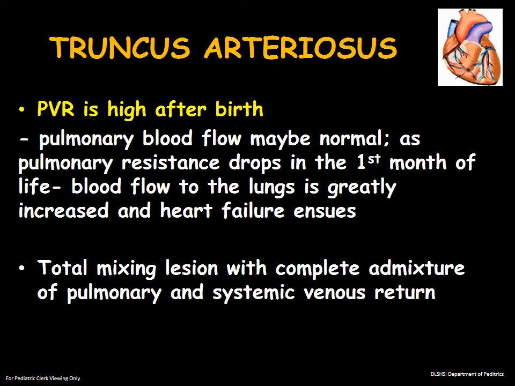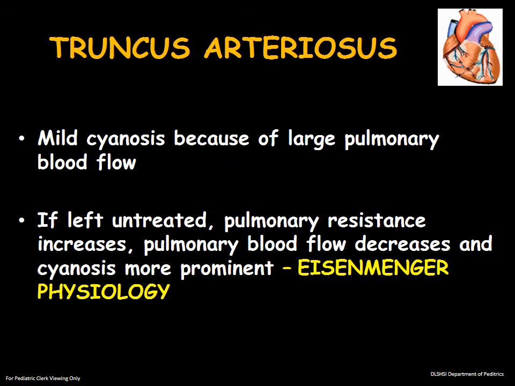Total mixing of the lesion is usually complete admixture of both your pulmonary and systemic venous return at the atrial level. So your patient can present with mild cyanosis because of large pulmonary blood flow, and if left untreated, pulmonary resistance will increase, pulmonary blood flow will decrease, thus developing Eisenmenger physiology.